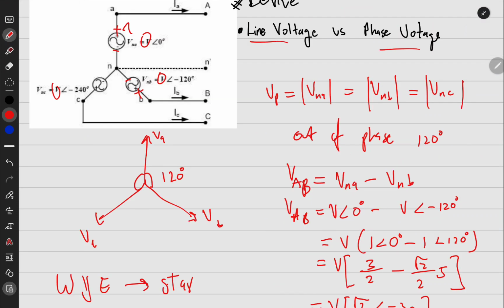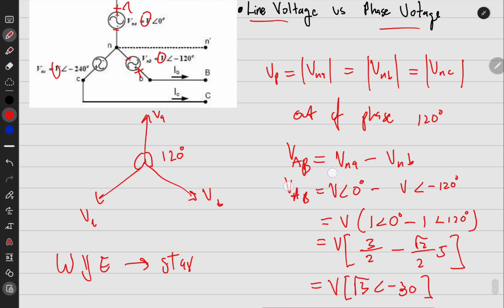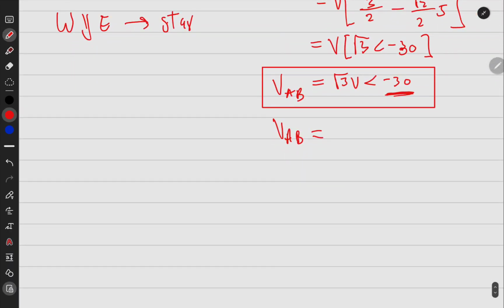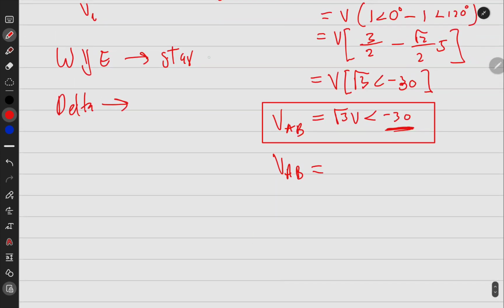Also, I need to add that I'm mostly talking about Y here, and the other one is the delta connection. The only thing to remember is that if you're working with Y, it is more like a series circuit. So voltage divides and current is the same.